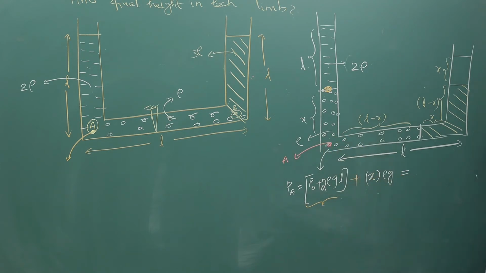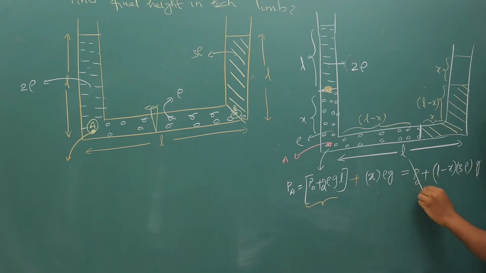This must be equal to the pressure at point A. This side it is P naught plus the height, L minus x, into the density of the liquid, 3 rho, into G.